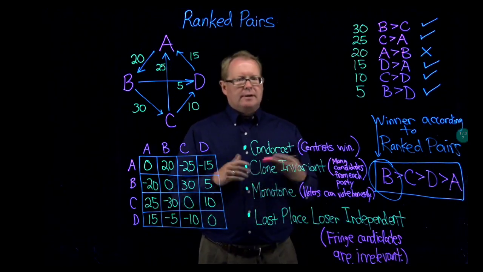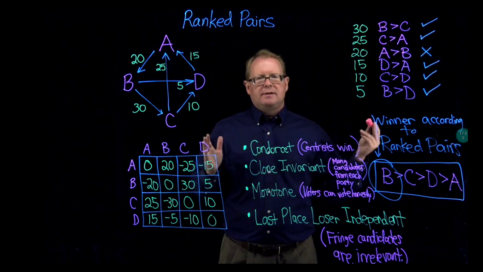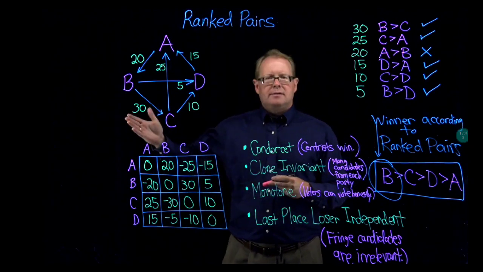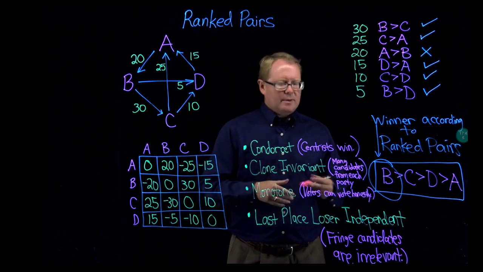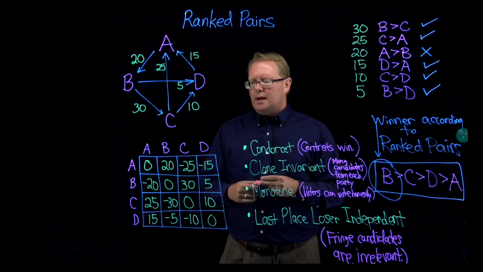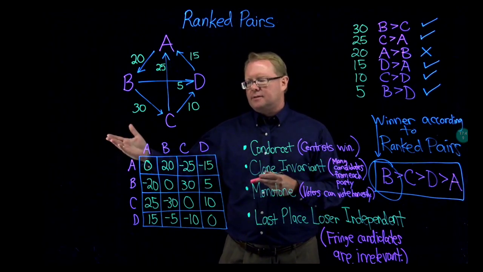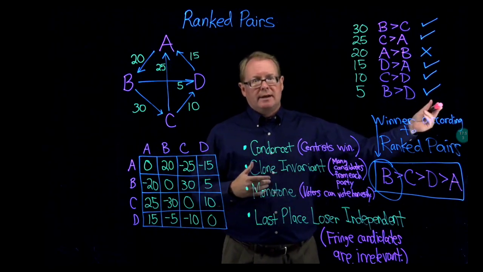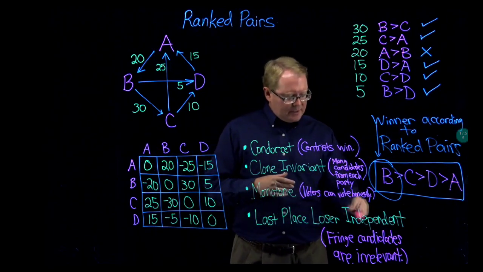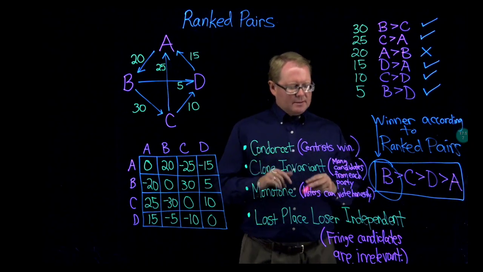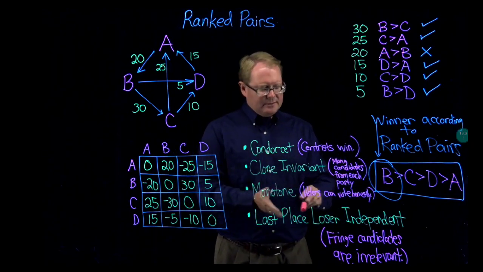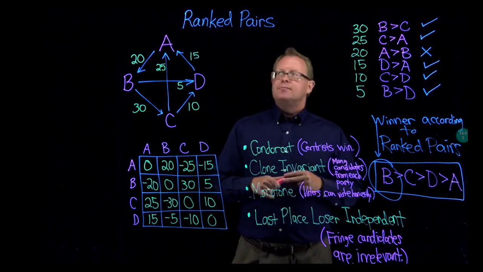You don't want some candidate who's only getting 2 or 3% of the vote to be able to extort the potential winners of the election by saying, hey, if you win, I want a government position of some kind, and if you don't, I'm going to drop out the day before the election and make it to where somebody else wins. So I think fringe candidates shouldn't have an impact on the outcome of the election, and this property, last place loser independence, gives you that.